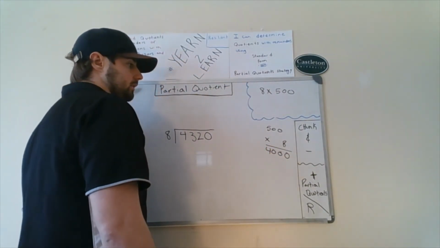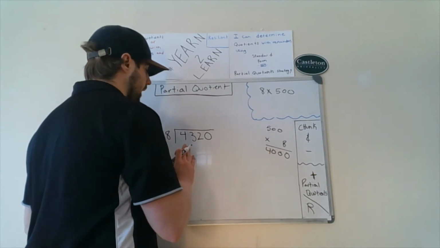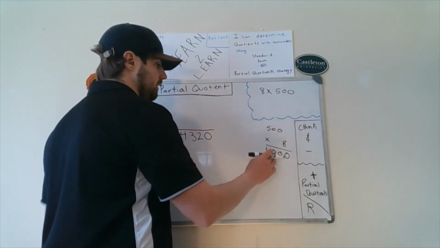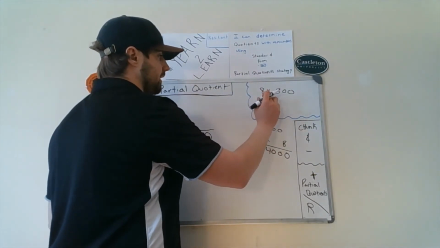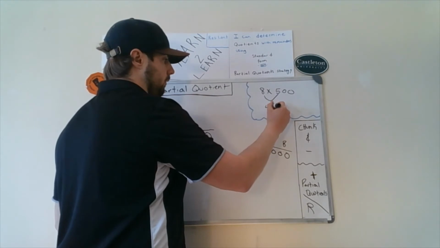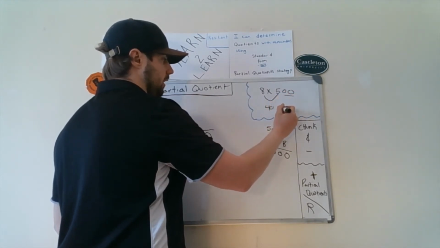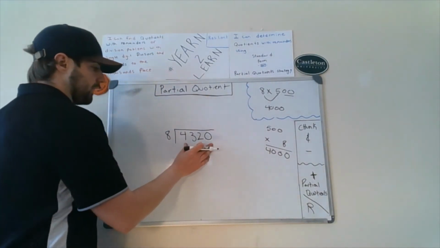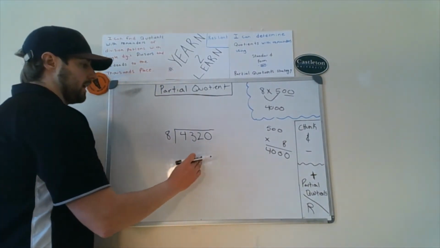Look at that, guys. 4,000 right on the dot because I was thinking big, using numbers I know. I also could think of it this way. 8 times 5 is 40, tack 2 zeros, 4,000. Can we chunk 4,000 out of 4,320?